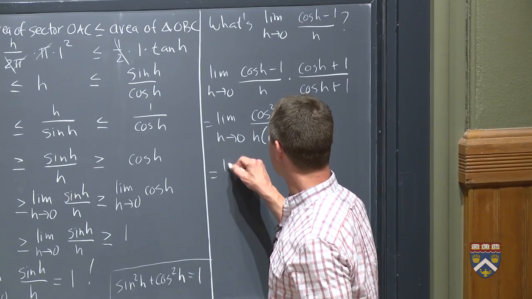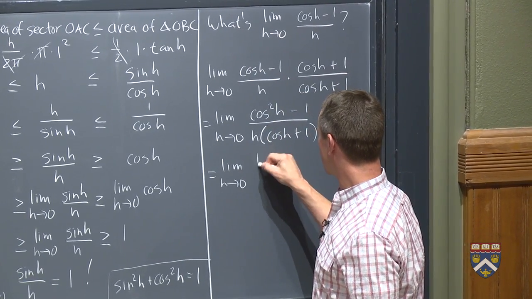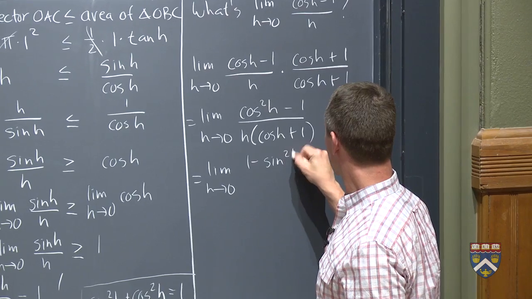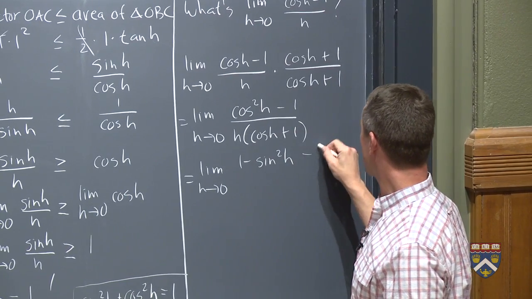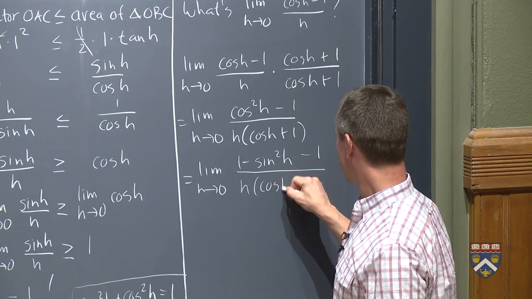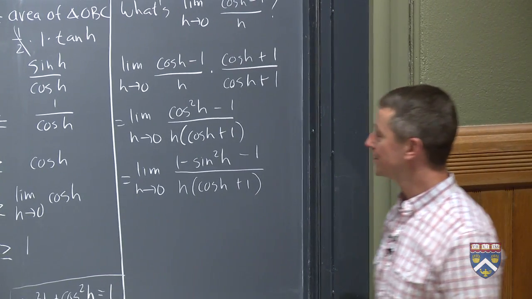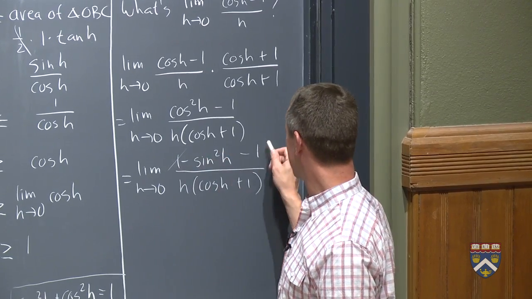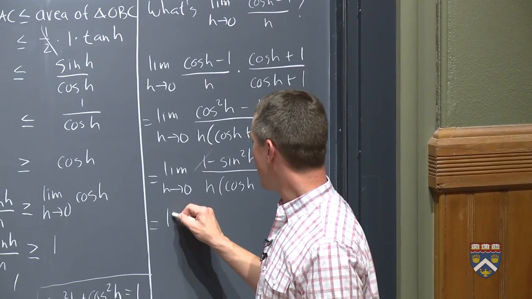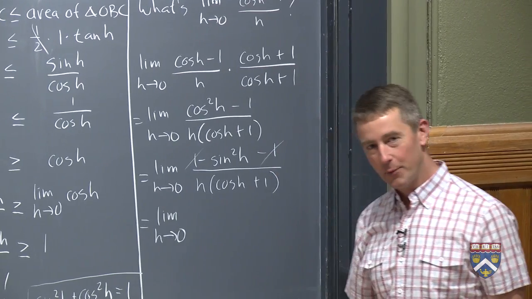So this is the same as saying 1 minus sine squared h, that's cosine squared h, minus 1 over h cosine of h plus 1. What's going to happen? The 1's will cancel. And now we can see something.